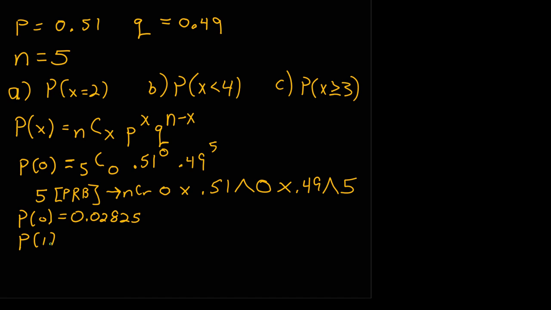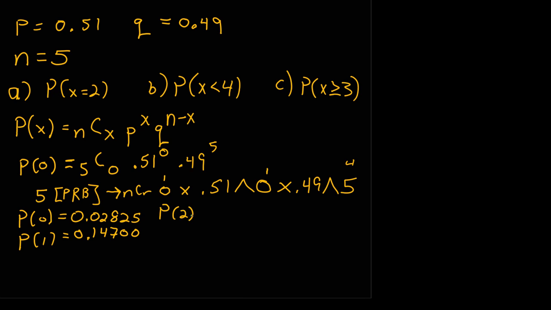So the probability of 1, I'm going to hit my up arrow key. I'm going to replace this with a 1, this with a 1, and that with a 4 as I work my way through my equation. And I get 0.14700.